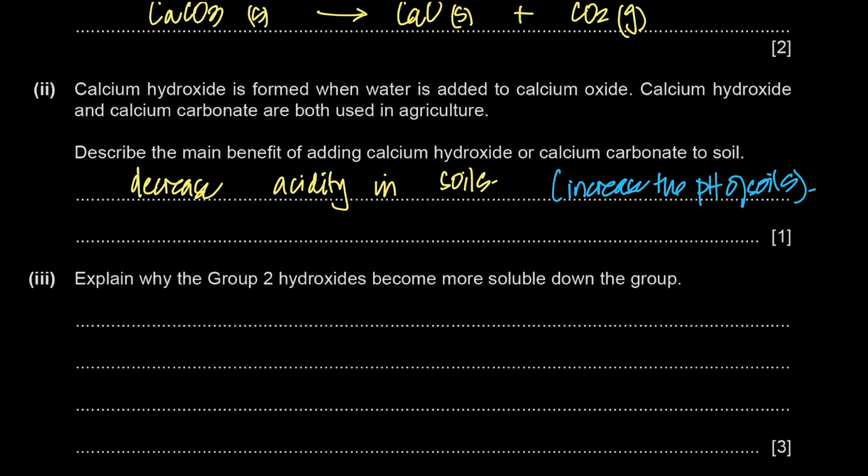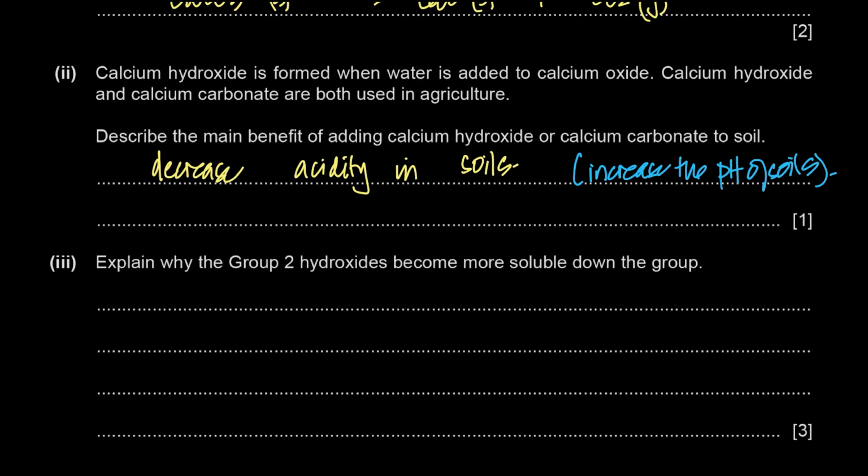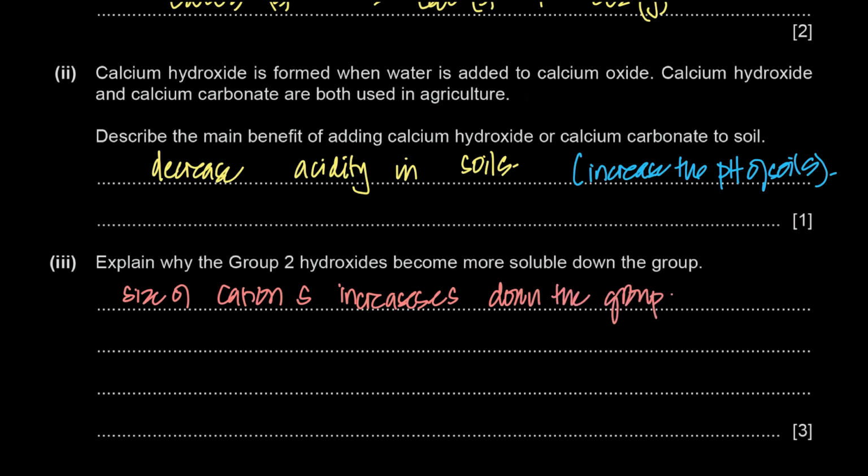Then the next part is about solubility of Group 2 hydroxides. Explain why Group 2 hydroxides become more soluble. Well, down the group, the size of the cations increases. Now what does that do?